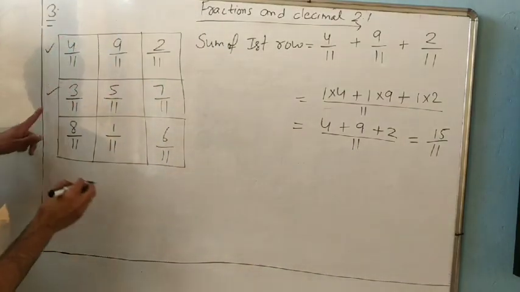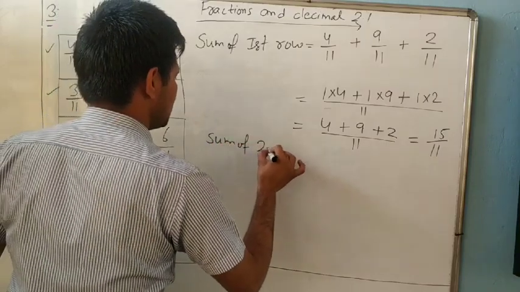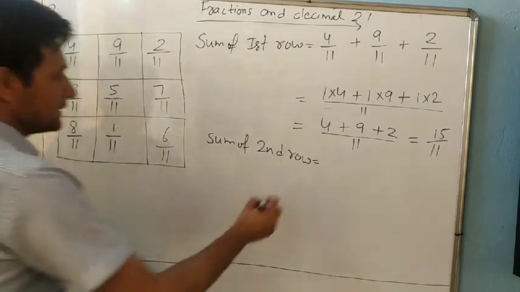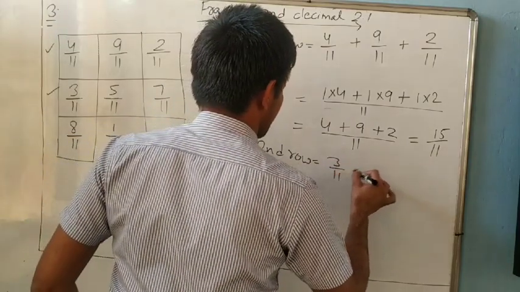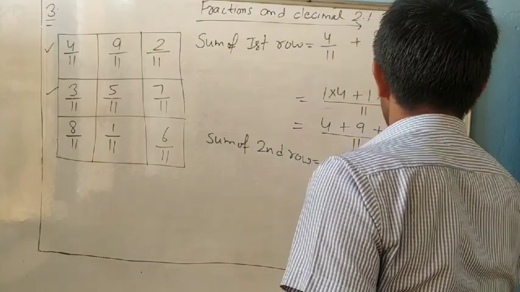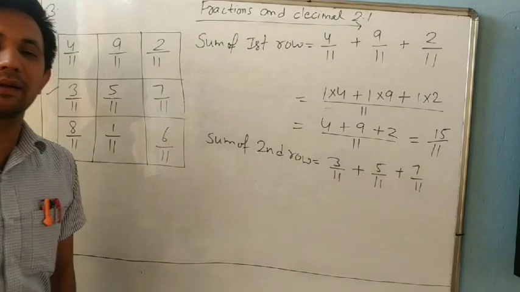Now the second row. So write the sum of the second row. The sum of the second row is 3 by 11 plus 5 by 11 plus 7 by 11. How much? First, how will we add fractions?